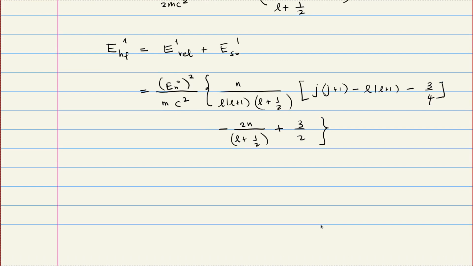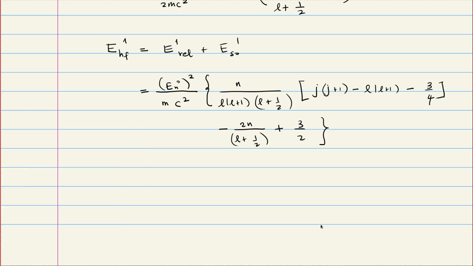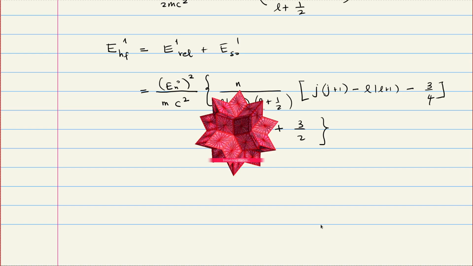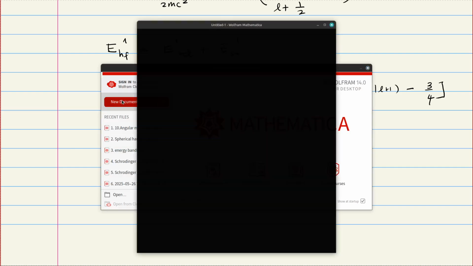And okay, we could spend 10-15 minutes to simplify this, but I want to use Mathematica. I think it actually helps with this calculation. If I can open that. Okay, so let's write.